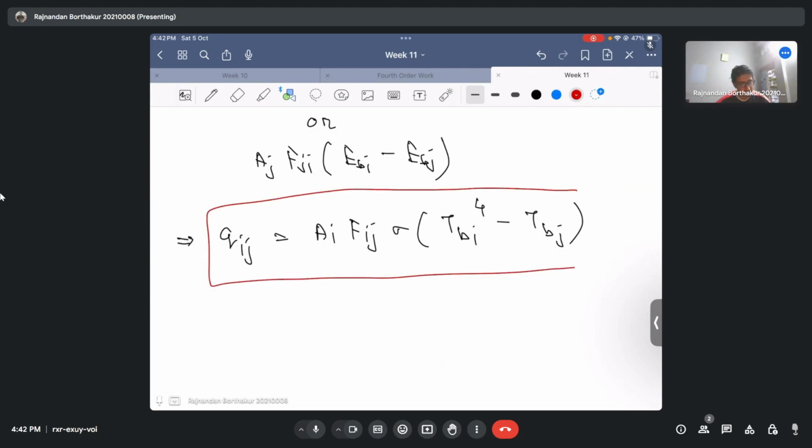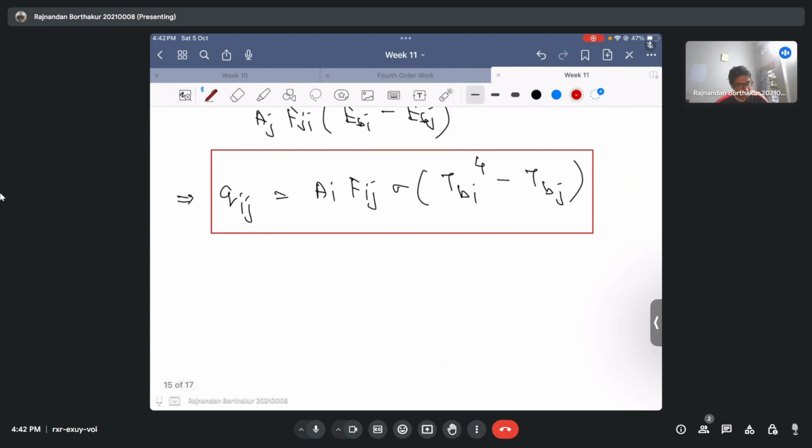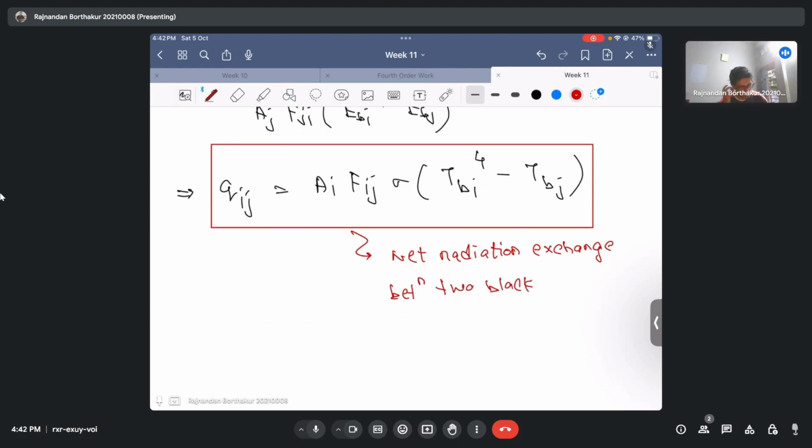That's the thing I want to portray. So this is precisely the net radiation exchange between two black bodies, I and J.